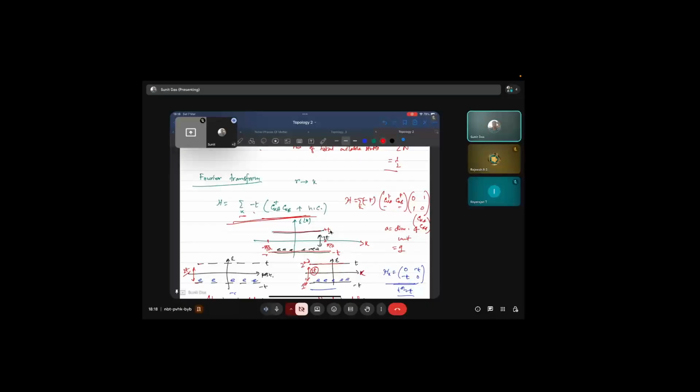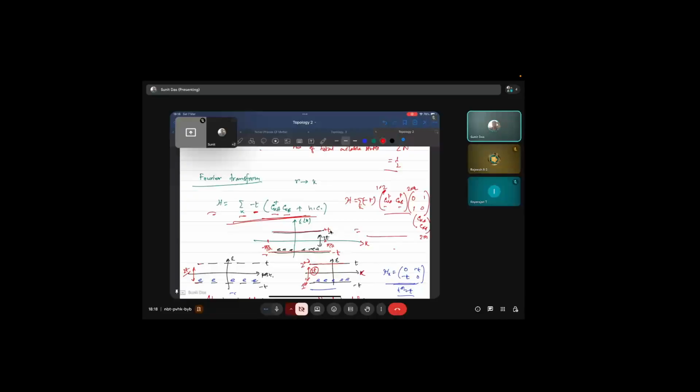Because the minus t is associated between CKA dagger and CKB, right? If you matrix multiply these matrices, so this is a 2 by 1 matrix, this matrix is 2 by 2, and this particular matrix is 1 by 2, you will get this single line, this Hamiltonian.